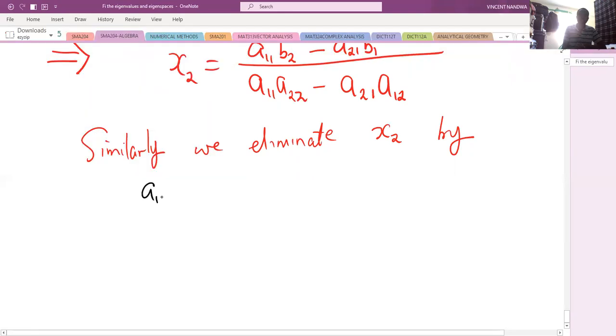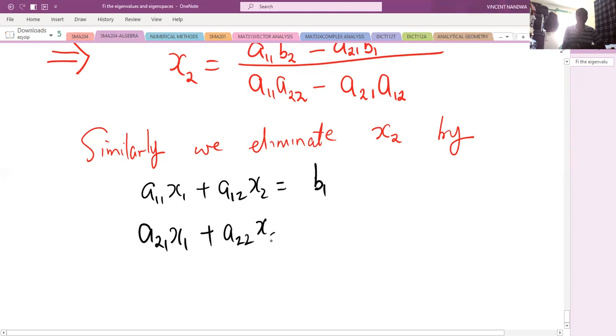So we had a11 x1 plus a12 x2 equals b1, and a21 x1 plus a22 x2 equals b2. We want to find the solution for x1.